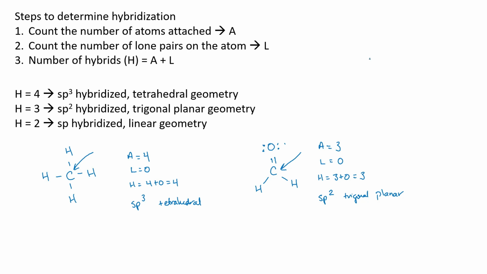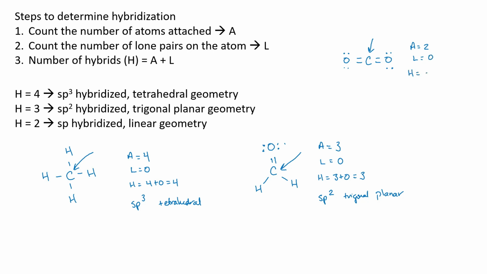Let's do one more example. Sticking with our carbon-based molecules, let's do carbon dioxide. Of course, carbon dioxide is double bonded to 2 oxygens here. Again, focusing in on the carbon, the number of atoms attached, or my value for A, equals 2. My number of lone pairs, again, on the carbon, not on the oxygens, is 0.